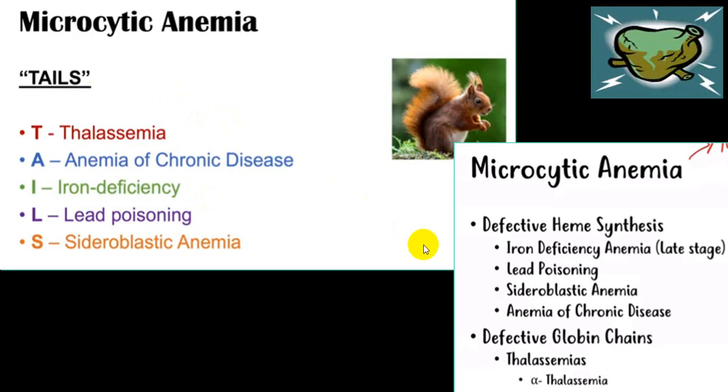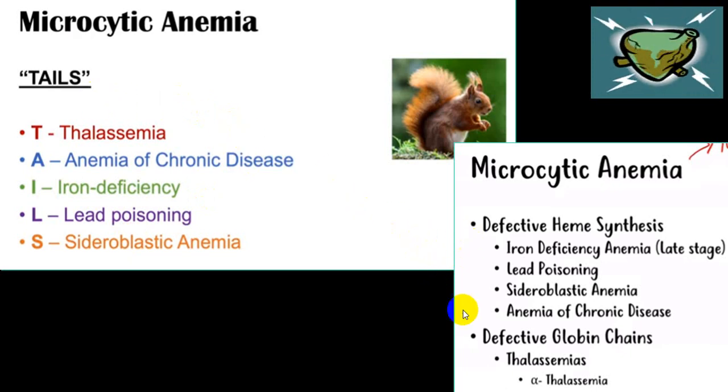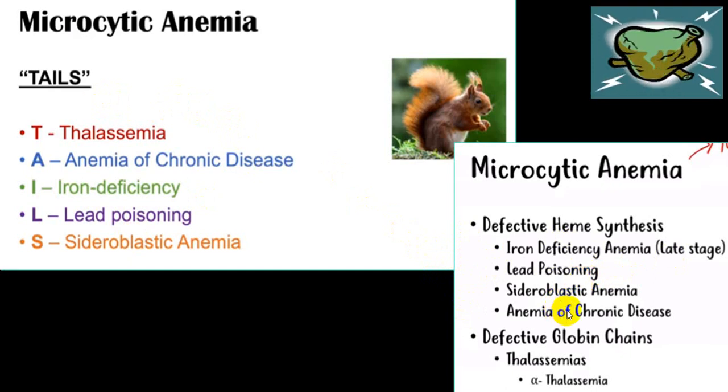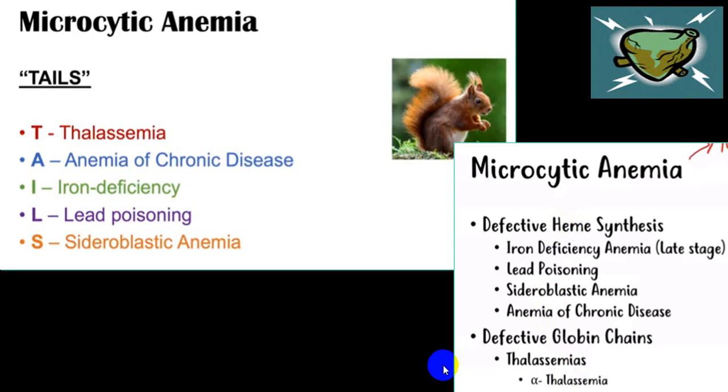Another way to differentiate is two groups. One, defective heme synthesis that consists of iron deficiency anemia in a late stage, lead poisoning, sideroblastic anemia, and anemia of chronic disease. This will result in defective heme synthesis, while globin synthesis will be alpha thalassemia and beta thalassemia. We are not including other groups.